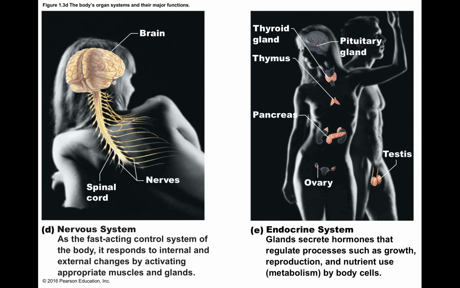And the main function of that is coordinating and controlling the activities within your body by changing muscle contraction, by allowing glands to secrete their enzymes or their hormones, and through those actions and through electrical impulses, enabling you to control your body activities.